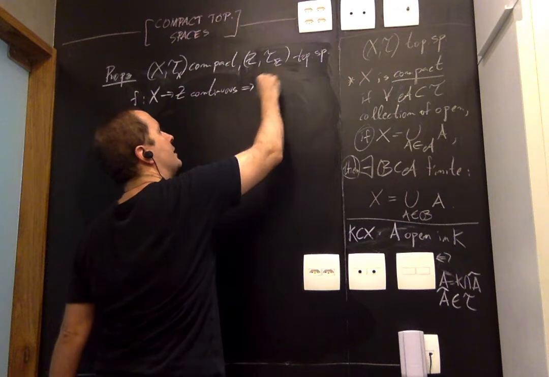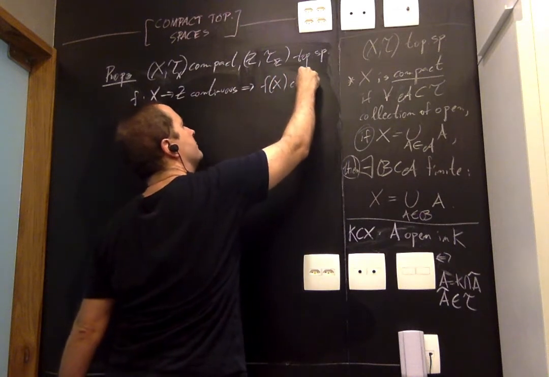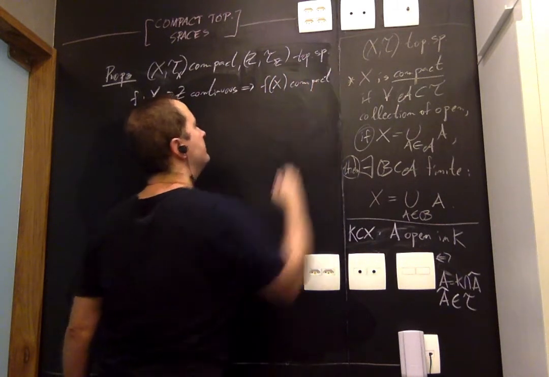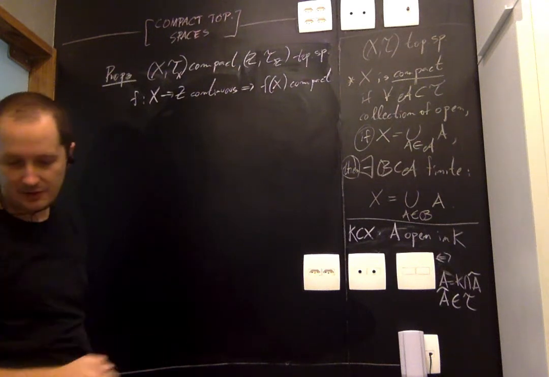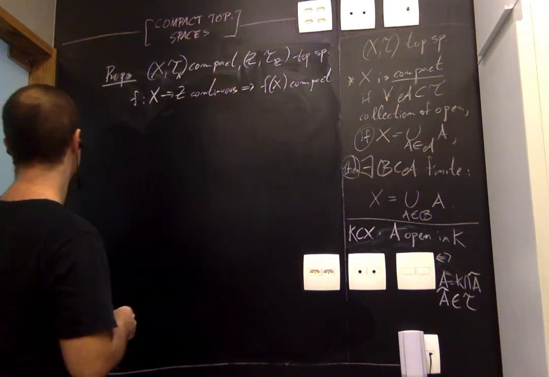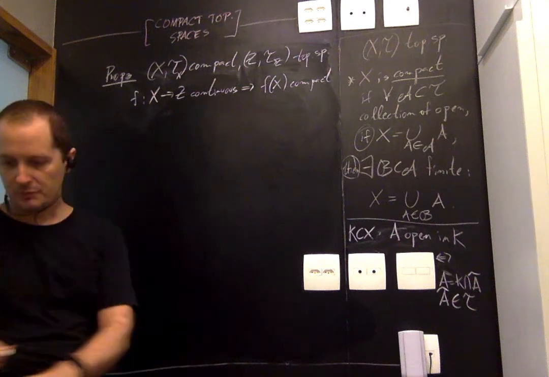Then I claim that f of X is compact. And this I'm really going to sketch. The other one I said I was going to sketch, but I basically proved it in full. How do we prove this, right?